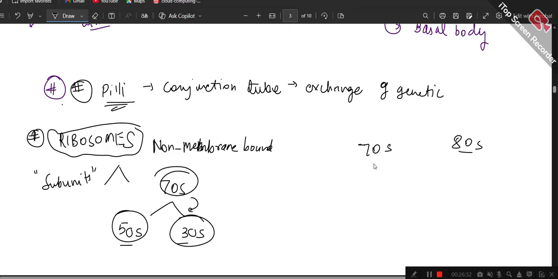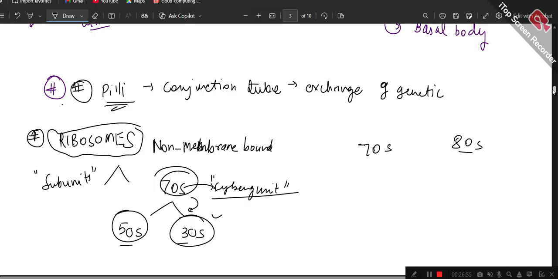Don't put it under the 80S part; it is for the 70S only. S stands for Svedberg unit, and it is a kind of protein measurement. We need not go into the details of that.